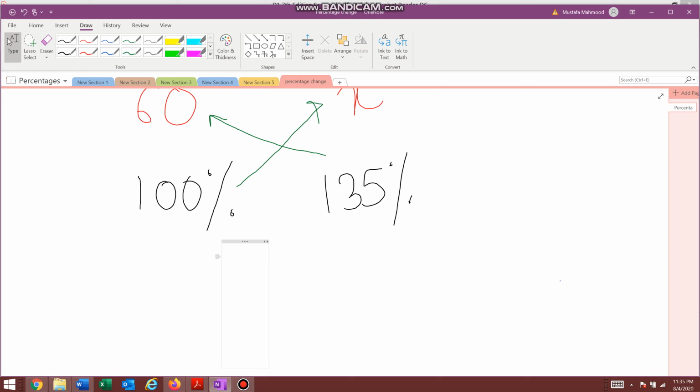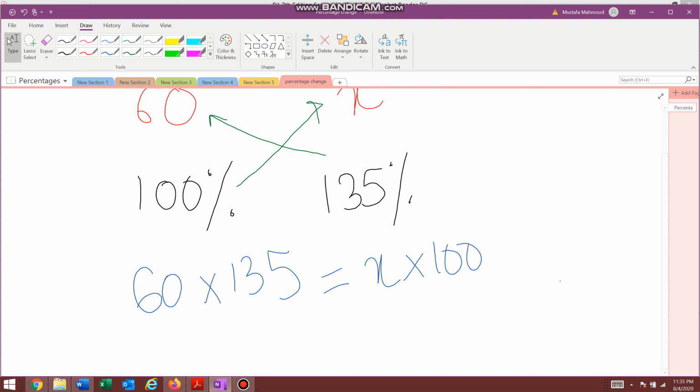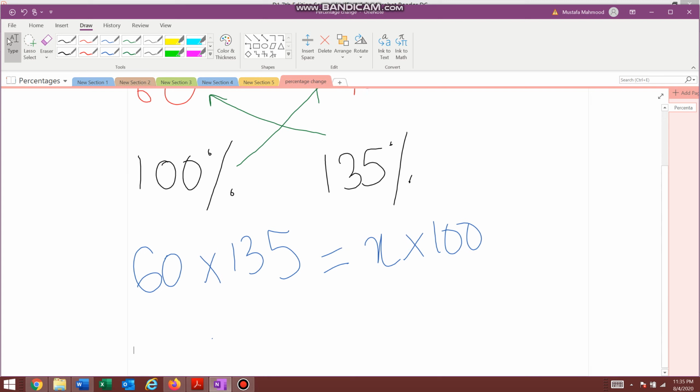Remember, percentages come in one line and the numbers come in the same line. ठीक है, और अब आप उन्हें cross multiply कर देंगे. So 60 times 135 is equal to x times 100. हमने इनको cross multiply कर दिया. We need to find the value of x, so we'll take 100 to the other side.